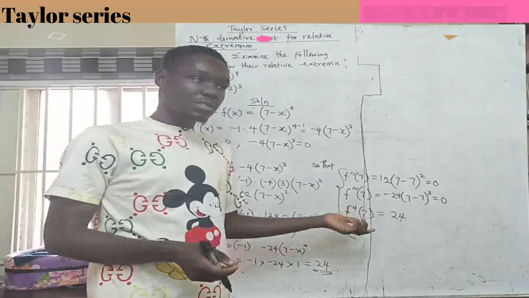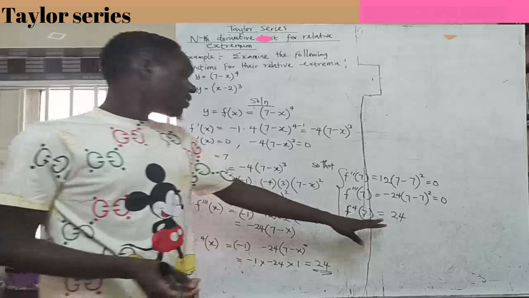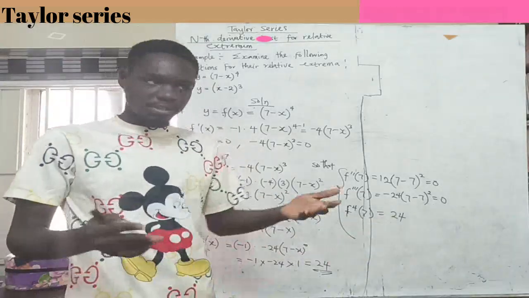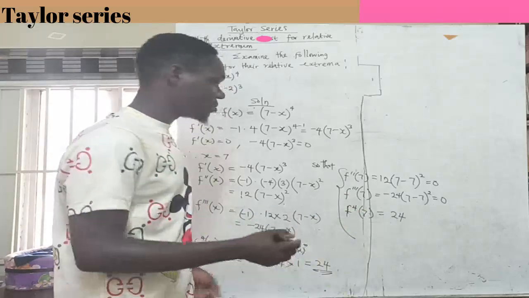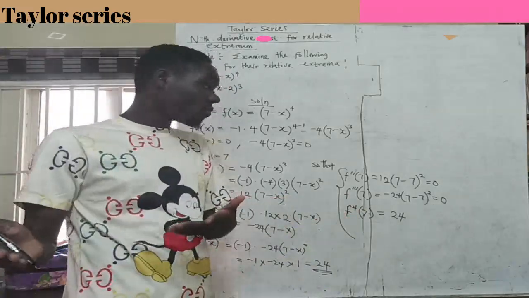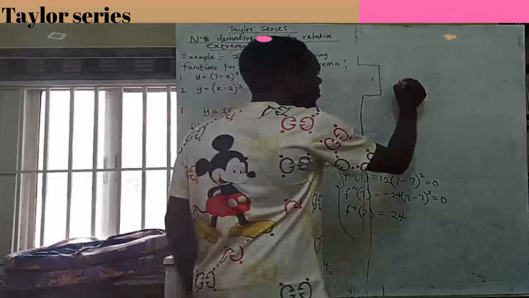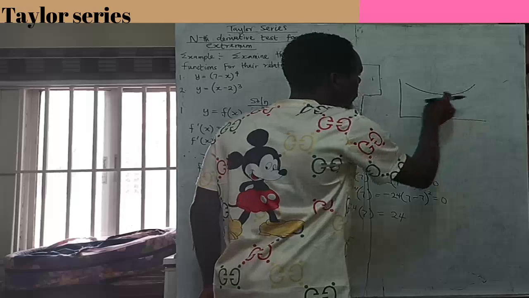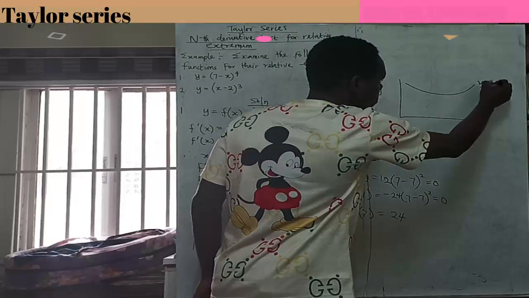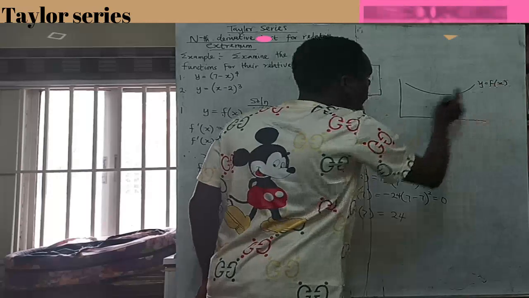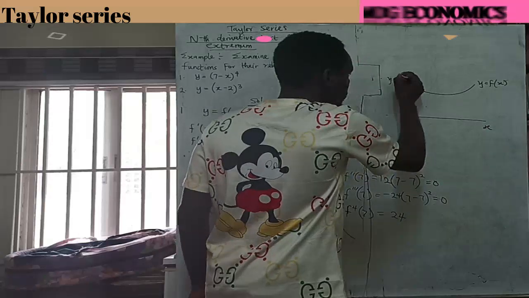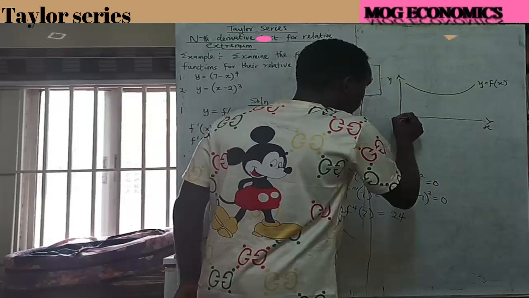Here the value will be a minimum because it is positive. So it means it is strictly convex, and this is what we mean by being strictly convex.